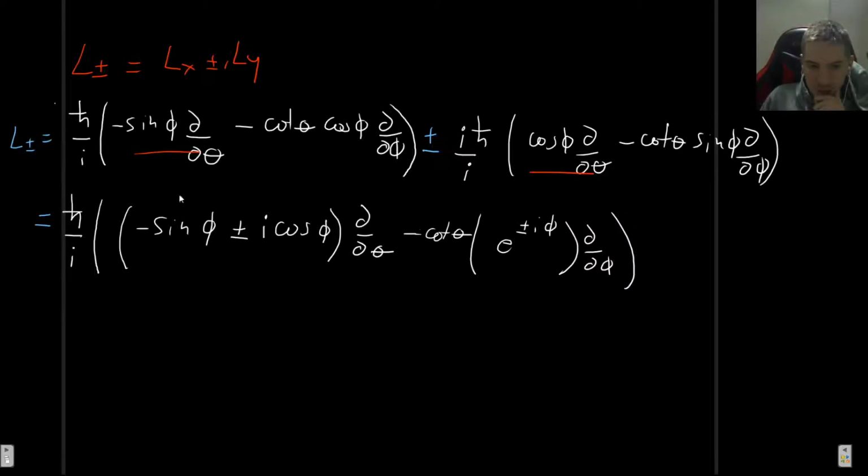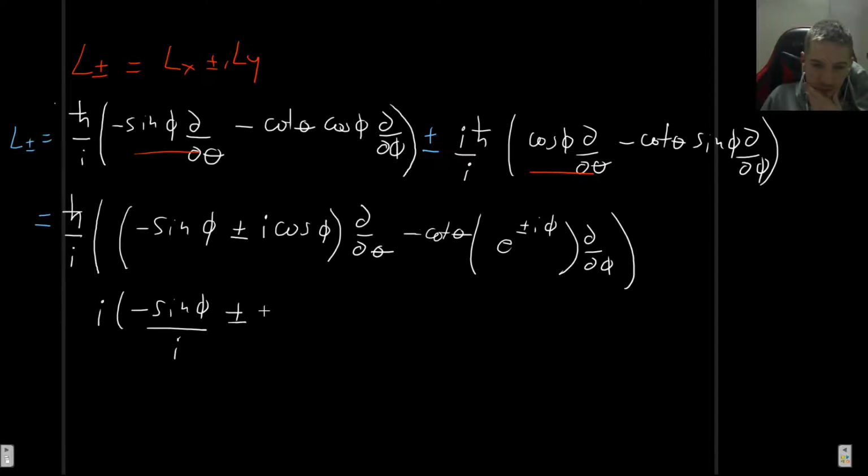Okay, and what can we do here? Well, first of all, there's this annoying i here, which is not supposed to be here. It's supposed to be with the sine of phi. So let's factor out an i. If we factor out an i, to the minus sign, we need to divide by i, so that when we multiply through, we get back what we had before.